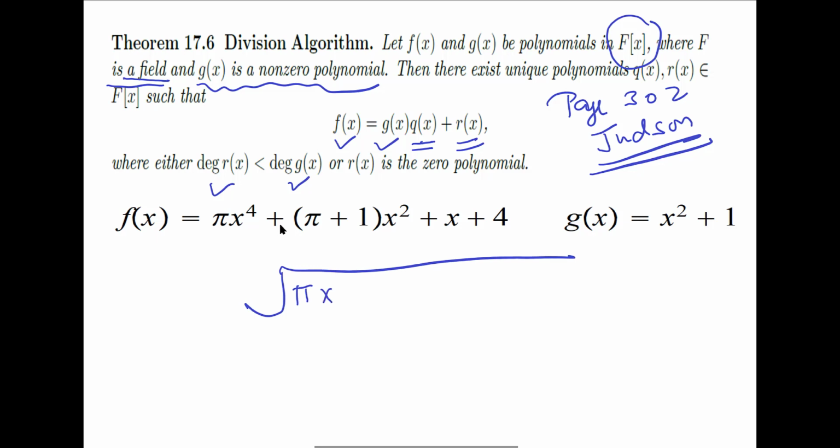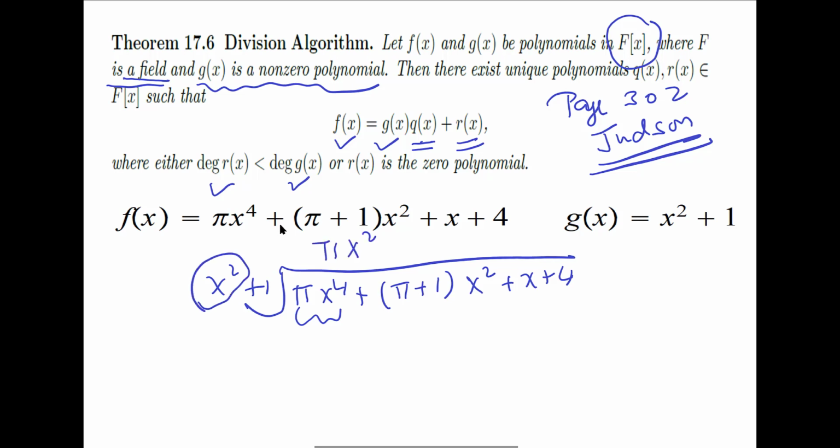So here we have pi x to the power 4, then (pi plus 1) x squared plus x plus 4, and here we have x squared plus 1. So what do we do? Compare these two, so we get pi x squared.